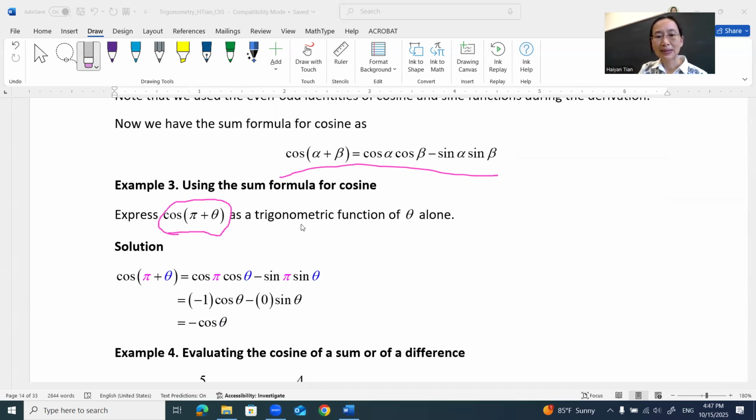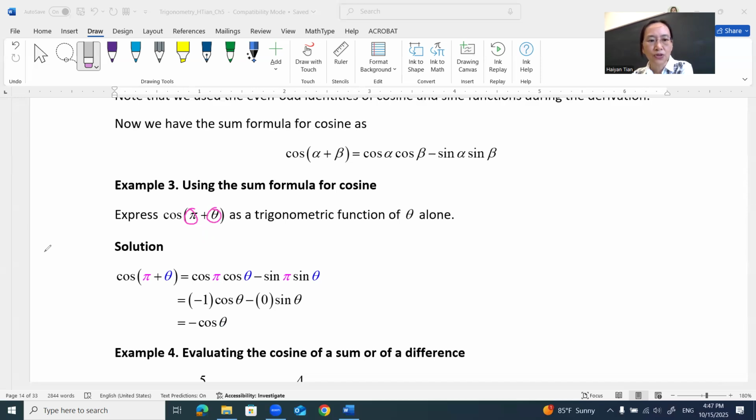Cosine of pi plus theta, we want to express it as a trigonometric function of theta alone. So here, suppose pi is my alpha and theta is my beta. That's a sum, right? Cosine of a sum. So the first and second angles.